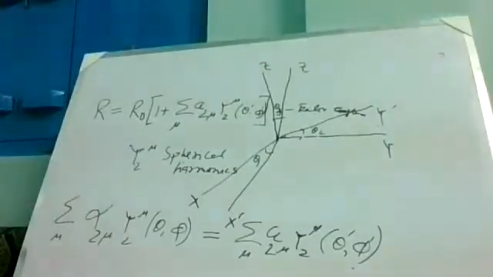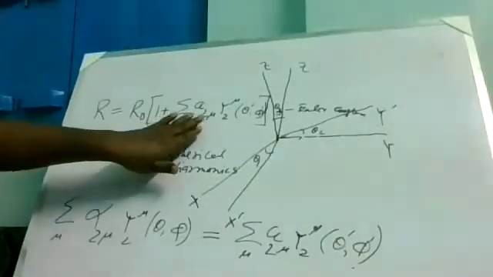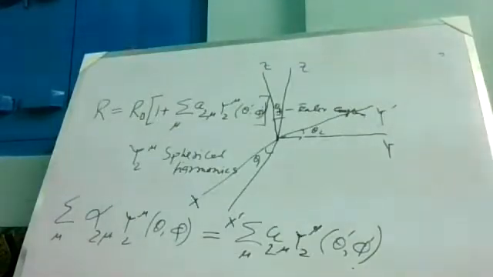That is, the parameters A2mu, which are the deformation due to quadrupole equilibrium, are changed from original value alpha 2mu.